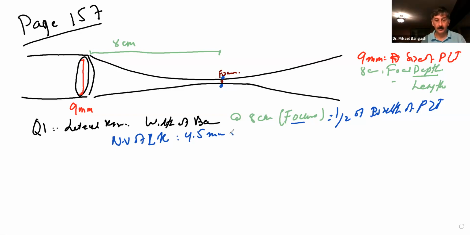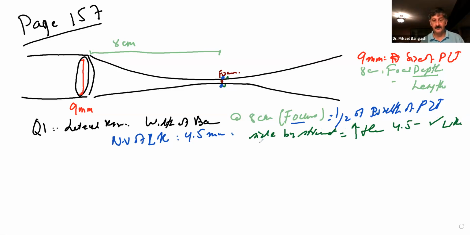That would mainly mean that if the distance between two structures lying side by side is either equal to or greater than these 4.5 millimeters, that will lead to a good lateral resolution.